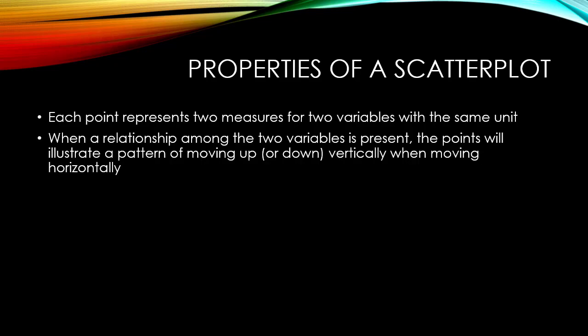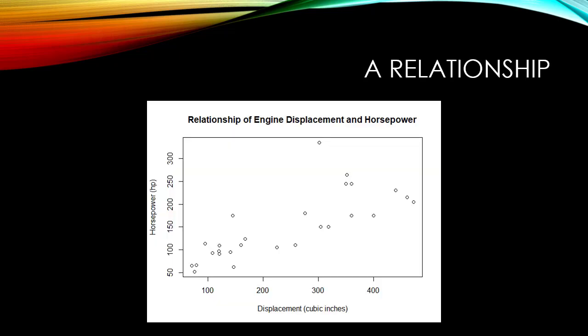When a relationship among two variables is present, the points will illustrate a pattern of moving up or down vertically when we move left to right horizontally. For the variables engine displacement and horsepower, there is indeed a relationship. As we move to larger and larger values of displacement, the points are higher up vertically, indicating larger horsepower.